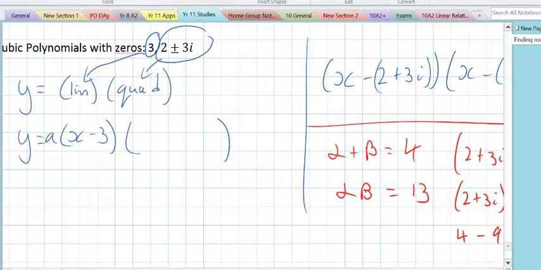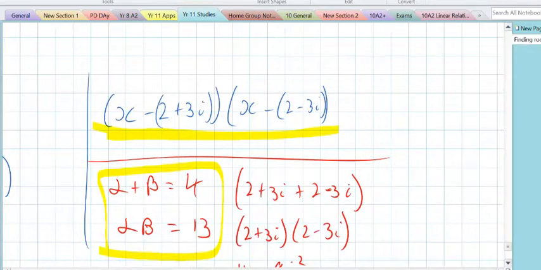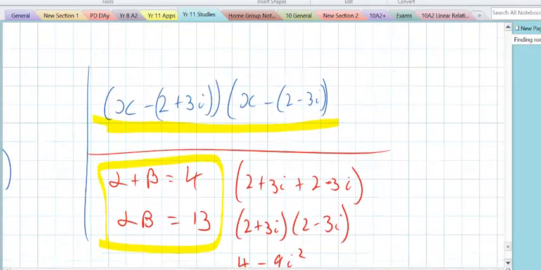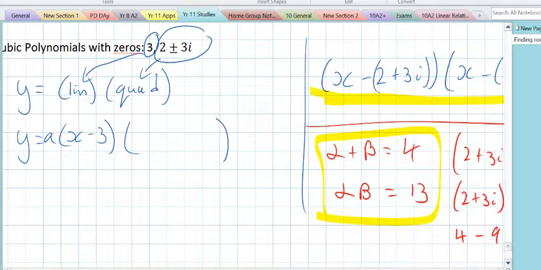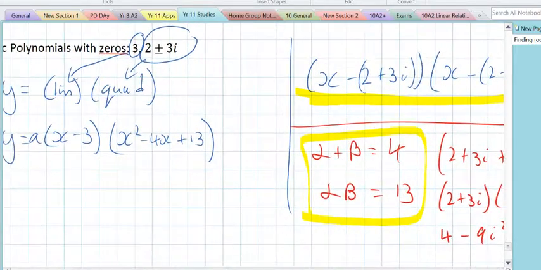Now, given this, or if you like this way above, you'd expand that out. But if you expanded that out, or use your sum and product rule, eventually you'd end up here, where you have x squared minus 4x plus 13. Okay? Now that is certainly worth practicing, because that expansion people can make errors with, and this one here people forget to change the sign in front of the sum.